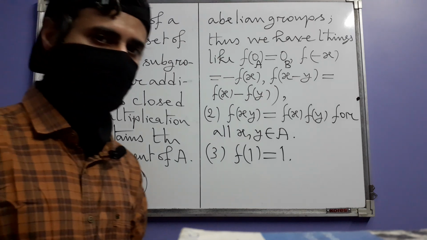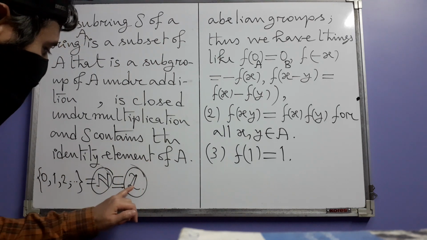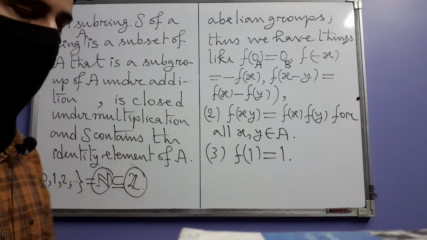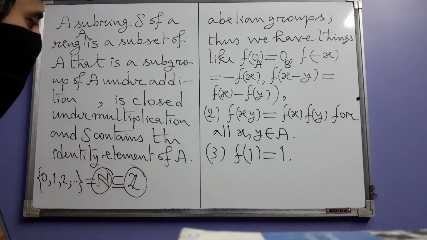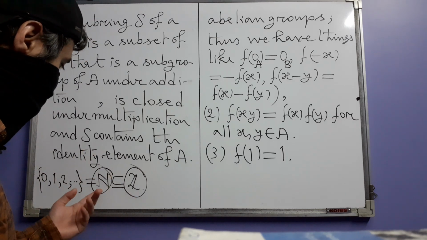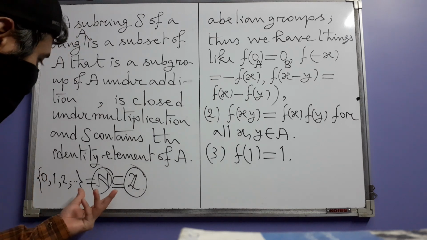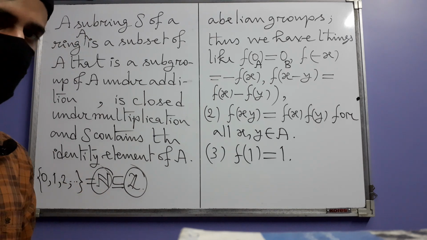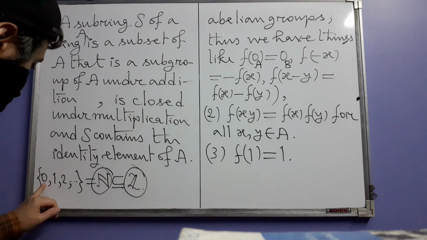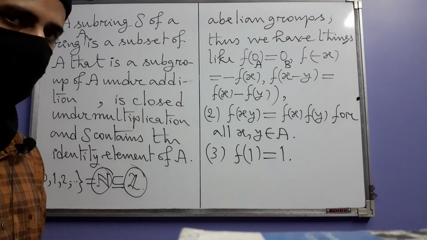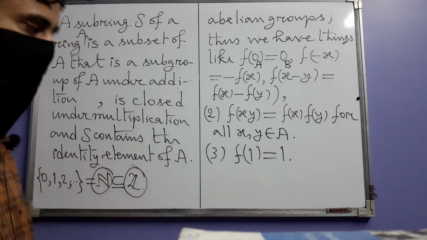Yes, that is also true. But is this a subring of Z? No. You won't really want to call it a subring of Z. Why? Because this is not a ring. This lacks additive inverses, for example, although it does have the 0 element. So that's a little mistake.